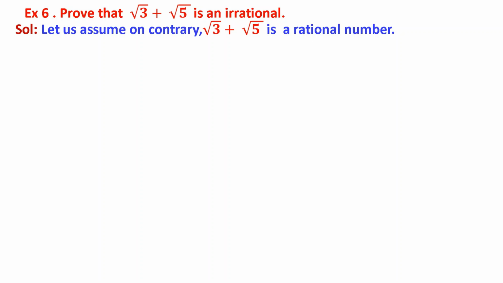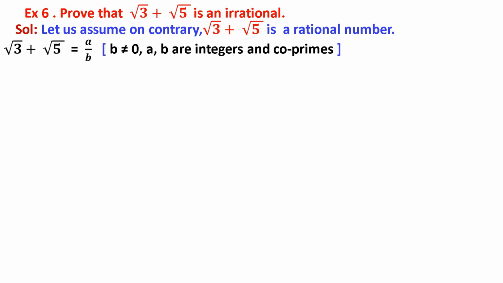A rational number is in the form p by q, but here I would like to express it as a and b instead of p and q. So root 3 plus root 5 is equal to a by b. Conditions first: b not equal to 0, a, b are integers and co-primes.